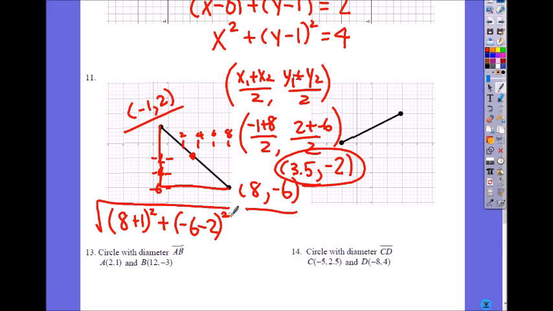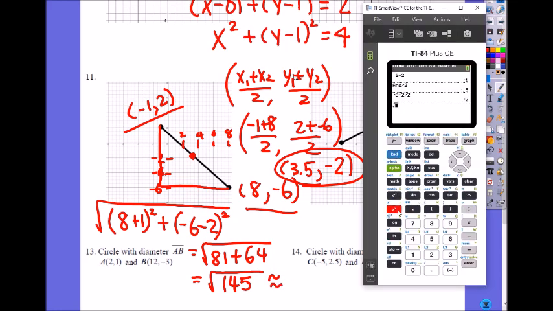It doesn't matter which one you subtract from. You're just looking for the difference. So then I get square root of 9 squared, which is 81, plus negative 8 squared, which is 64. So you get square root of 145.